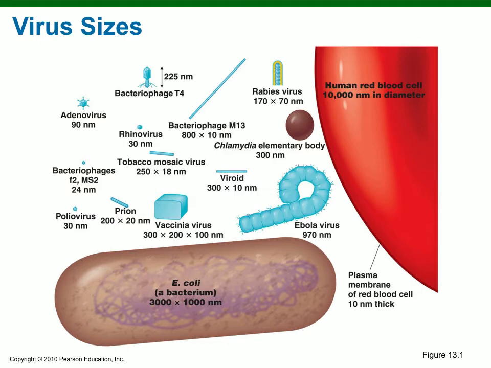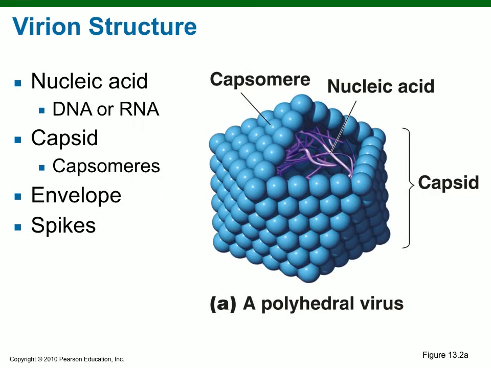Okay. So let's look at the structure of a virus more closely. Inside a virus, there is nucleic acid. That could be DNA or RNA. It's then surrounded by a protein coat called a capsid. The capsid is made out of subunits called capsomeres. There may be an envelope, there may be spikes.